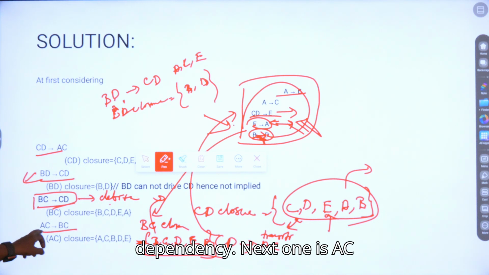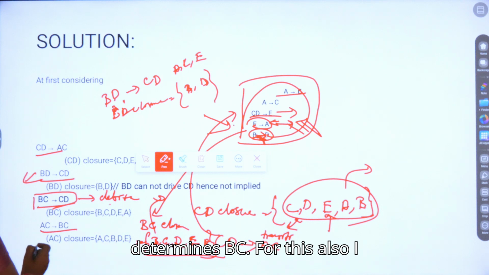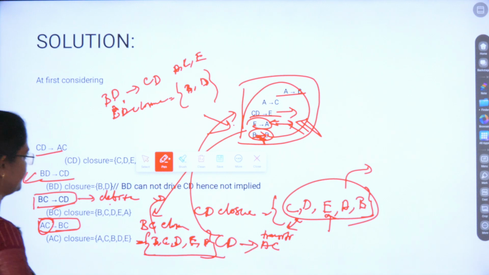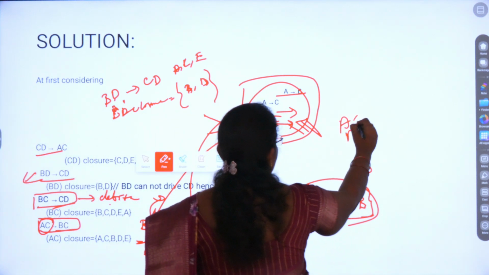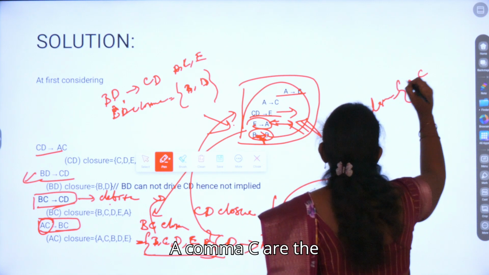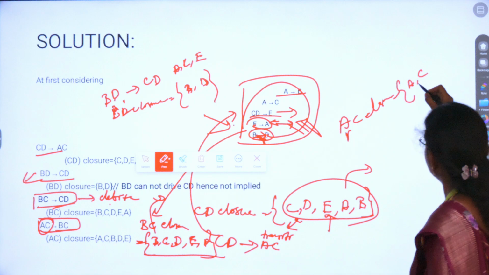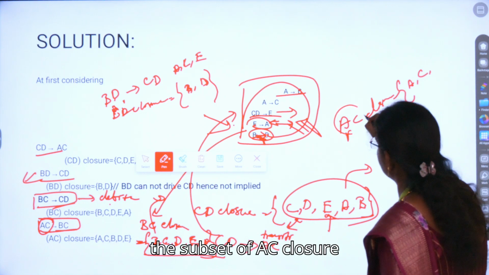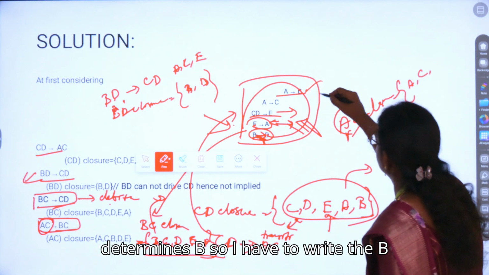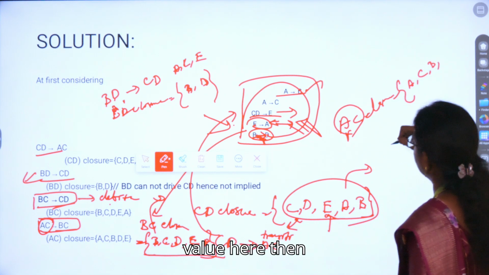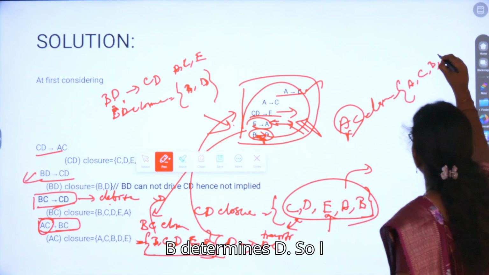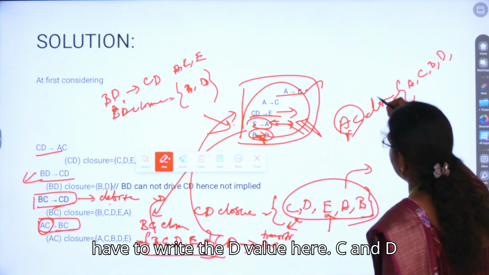Next one is AC determines BC. For this also I am going to find the closure of AC. A comma C are the subset of the AC closure. Then A determines B, so I write the B value here. Then B determines D, so I write the D value here.